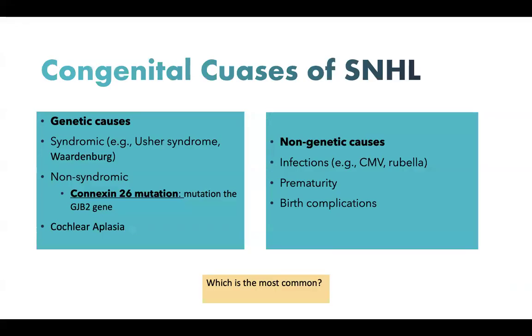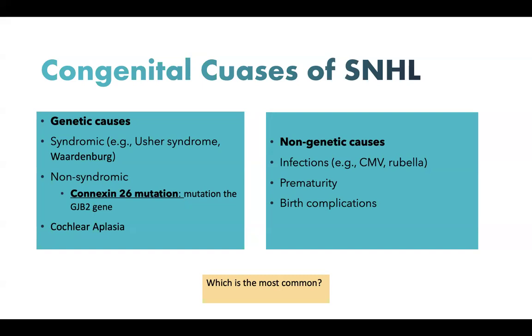Now, we could subdivide sensorineural hearing loss into congenital and acquired. We're starting with the congenital causes. There are genetic causes: syndromic, for example Usher syndrome or Waardenburg syndrome, or non-syndromic, which is the connexin 26 mutation, a mutation in the GJB2 gene, or cochlear aplasia, which is no development or abnormal development of the cochlea.